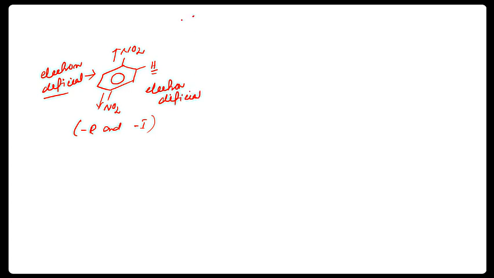In benzene, this proton is supposed to come around 7.25 ppm, and here the value is 8.48 ppm. No need to remember the value, it is just for our practice. Look, the ring is significantly electron withdrawing, meaning electron deficient.